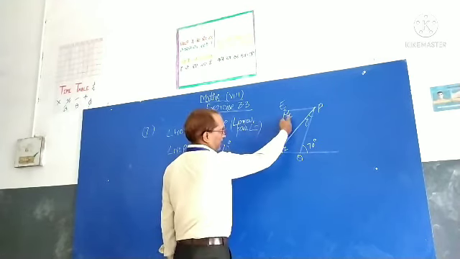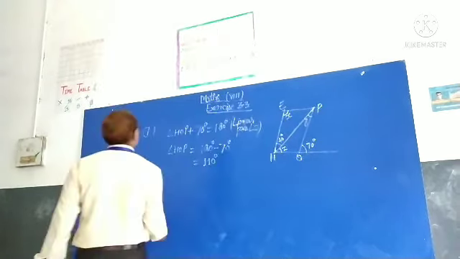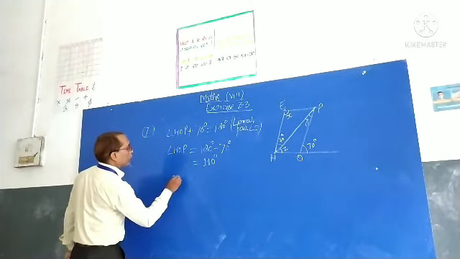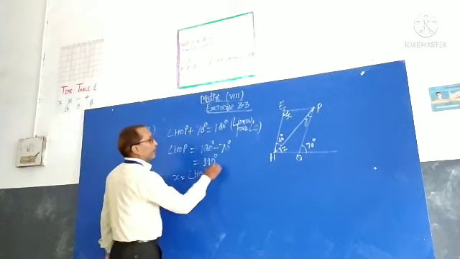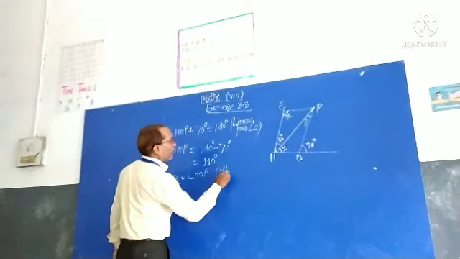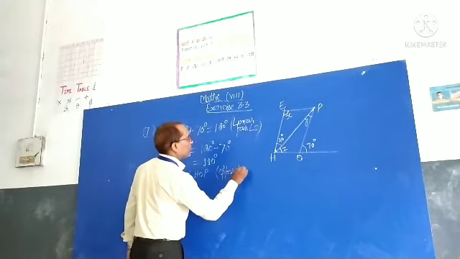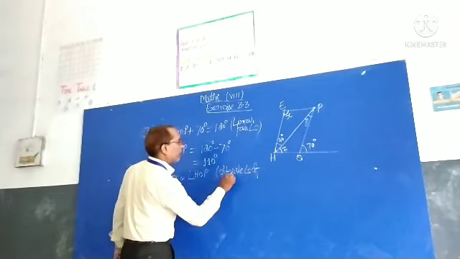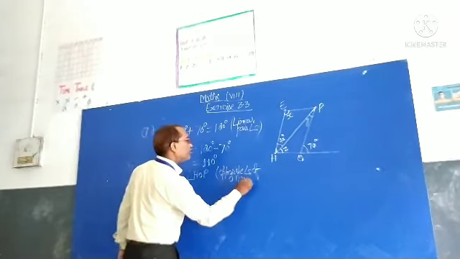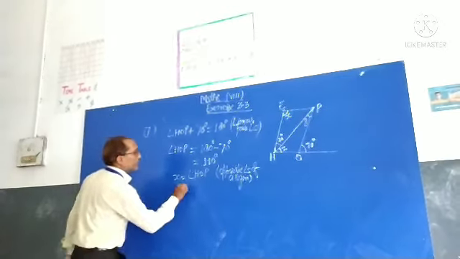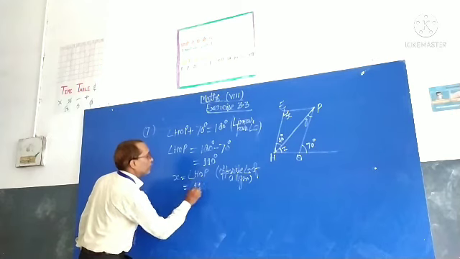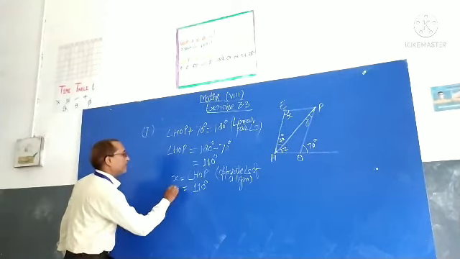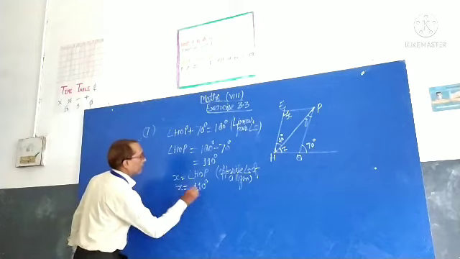This means x is opposite to this, therefore x is equal to angle HOP, opposite angle of parallelogram. Then x is equal to HOP is 110 degrees. This means value of x is 110 degrees.